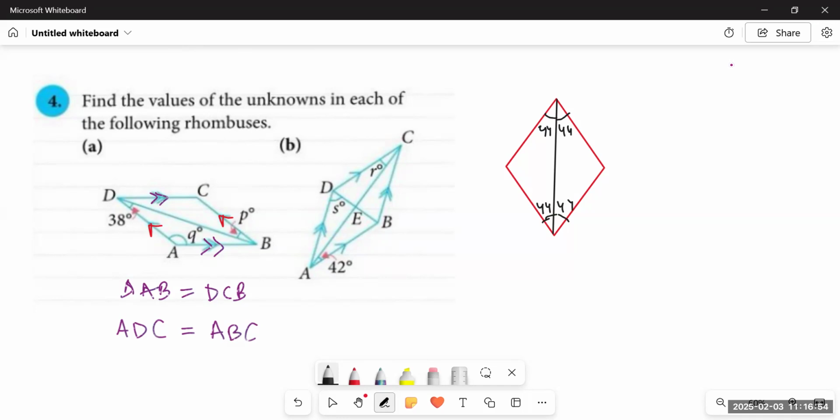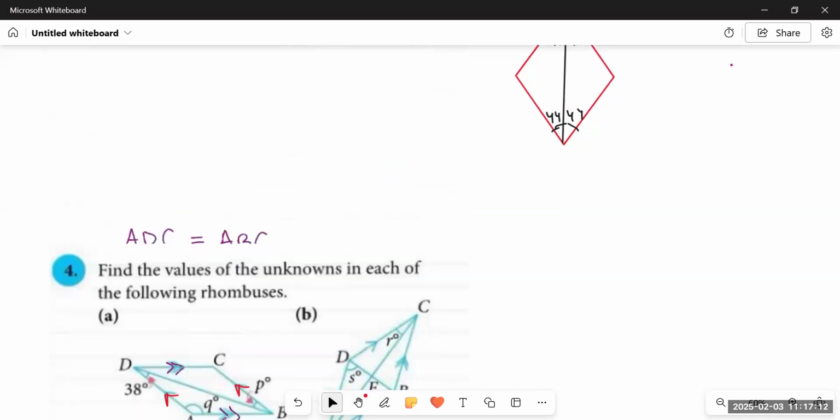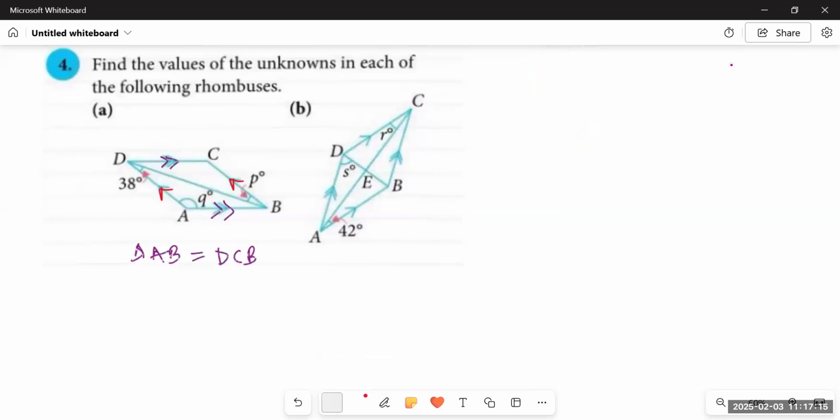So as you can see, in the first rhombus, there is a diagonal line passing from point D to B. It means if any of the angles are given out of the four forming at the two points, all three other angles would be equal to that particular angle. If we look closely, we can see that an arrow indicating this angle is given as 38 degrees.